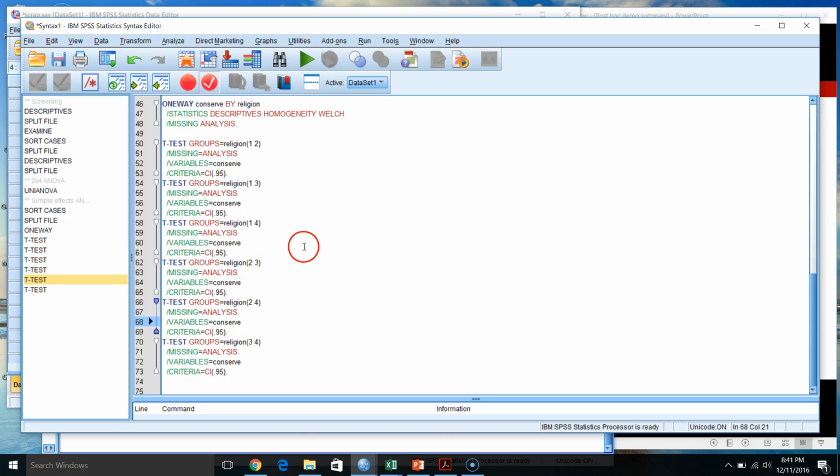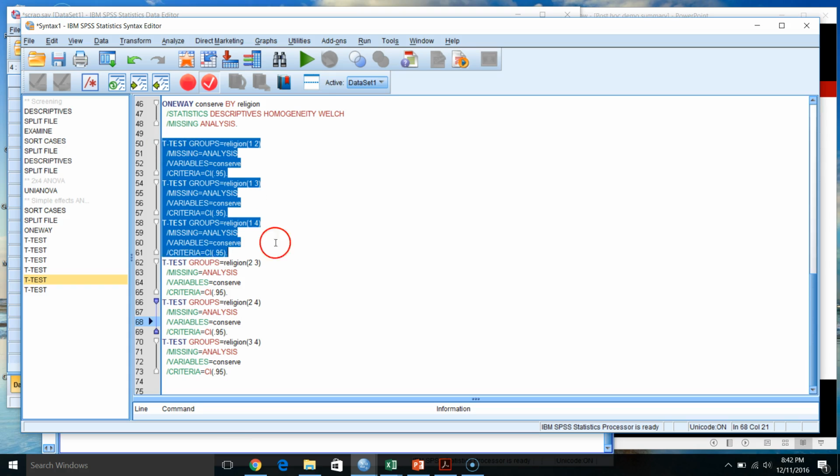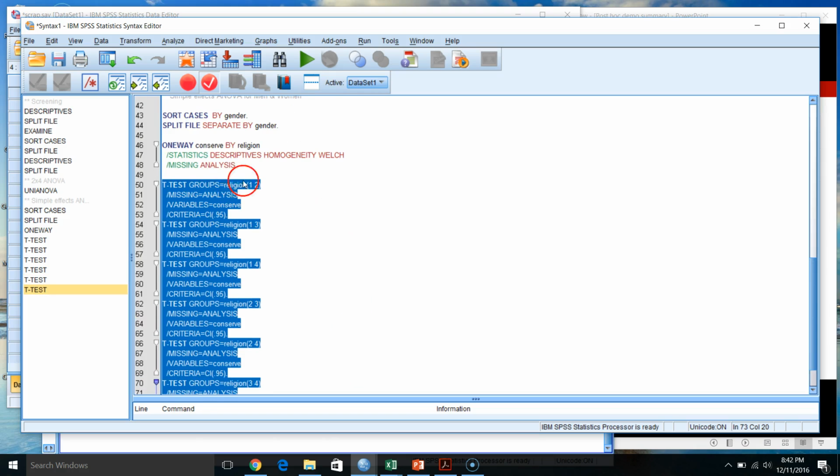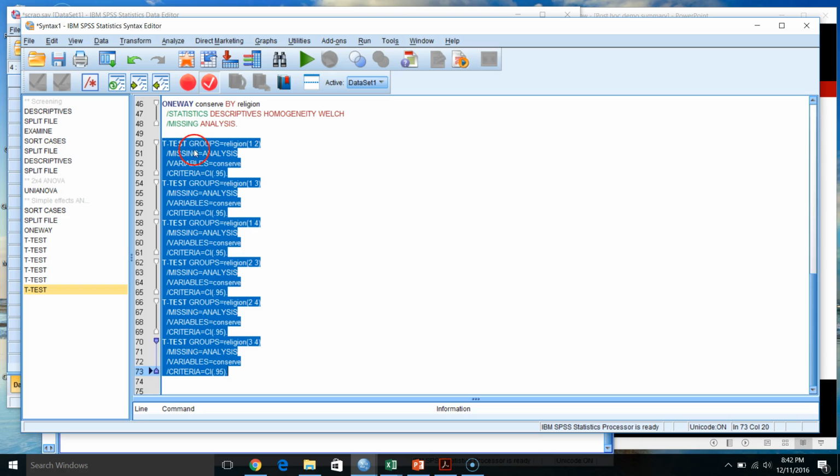Now, because I still have this split by gender, it's going to give me tests for men and for women both, but I'm going to ignore the men because my omnibus test already said there wasn't anything really going on there, wasn't even close, right? Remember that the file is still split by gender.